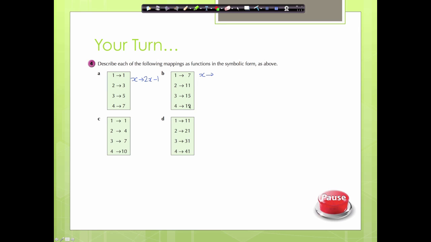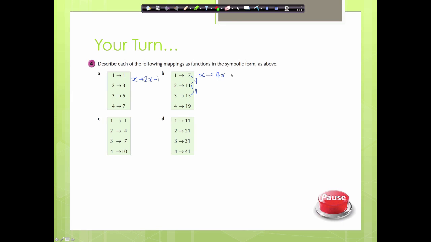Okay, we could try a whole range of different numbers, but we know that the difference will tell us our multiplier. So here the difference is 4. So we know it's going to be 4x, and then I need to add on 3.